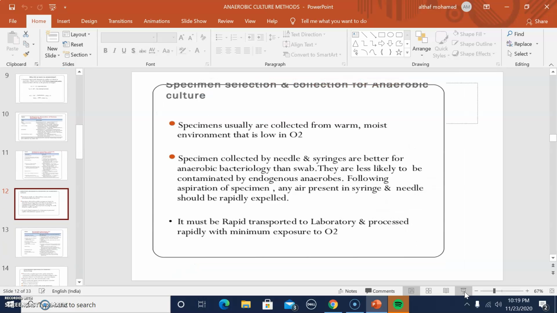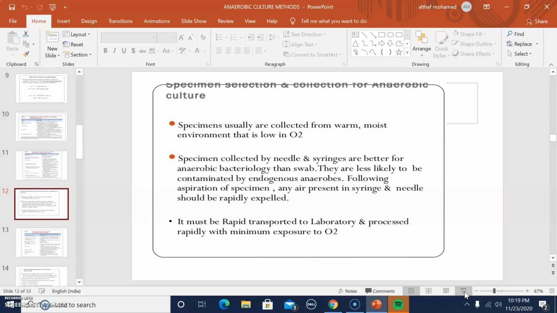Next is the specimen selection and collection for anaerobic culture. The specimens usually are collected from a warm, moist environment that is low in oxygen. Specimens collected by needle and syringe are better for anaerobic bacteriology than swabs because they are less likely to be contaminated by endogenous anaerobes.